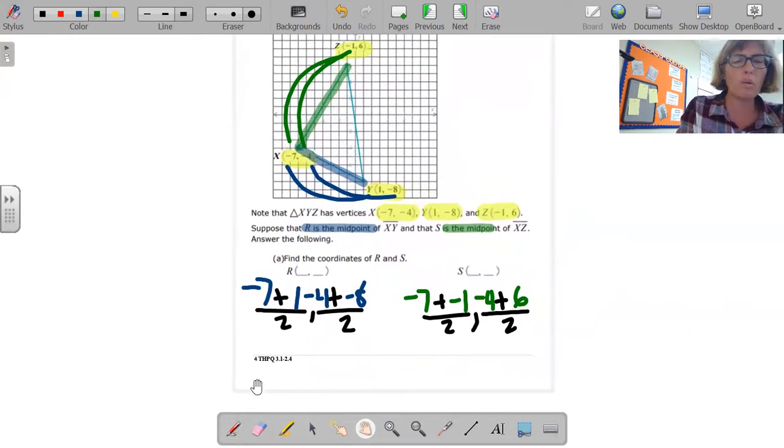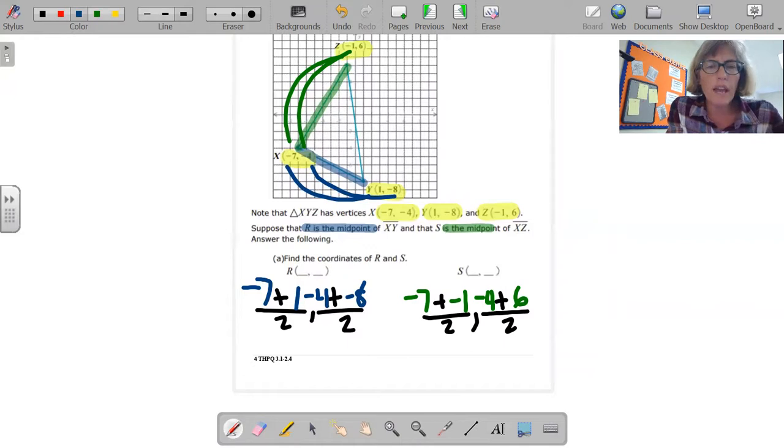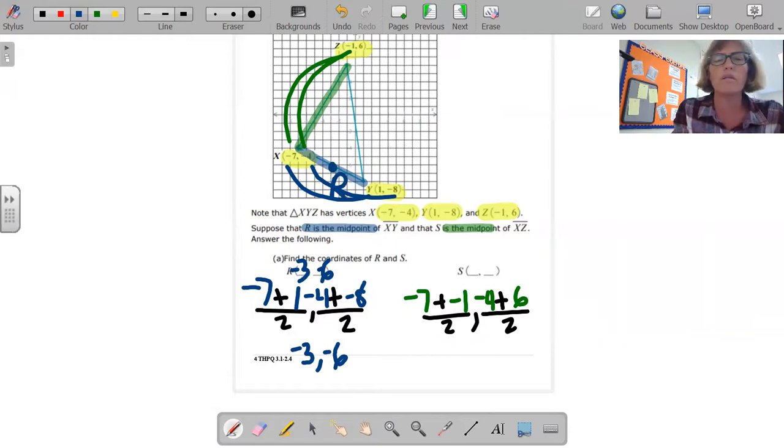We find those midpoints. -7 plus 1 is -6 divided by 2. That would give us -3. That's -12, and divided by 2 is -6. So my midpoint for R is (-3, -6), which if you graph it, right here, -3, 1, 2, 3, -6, boom, it actually looks like the midpoint.